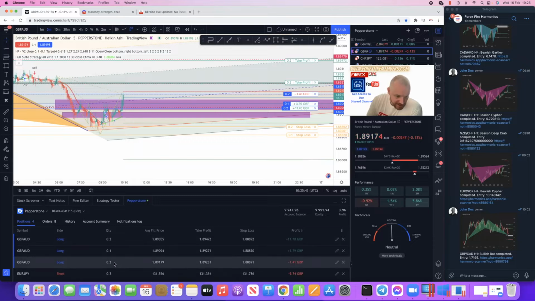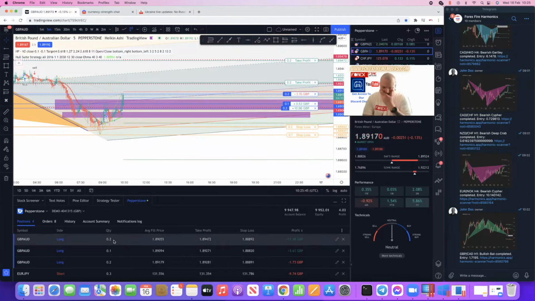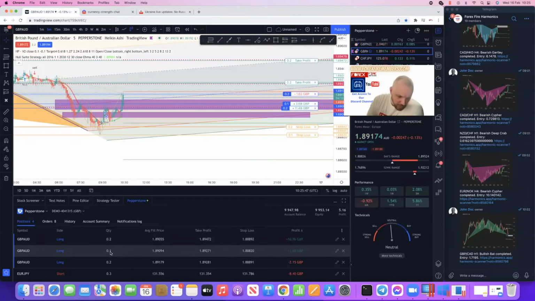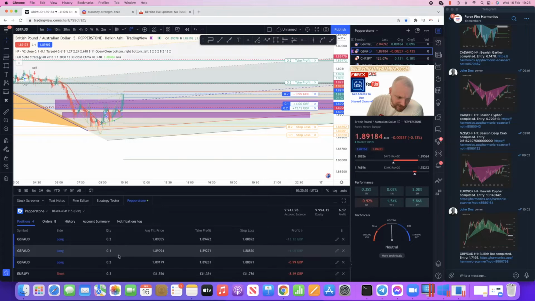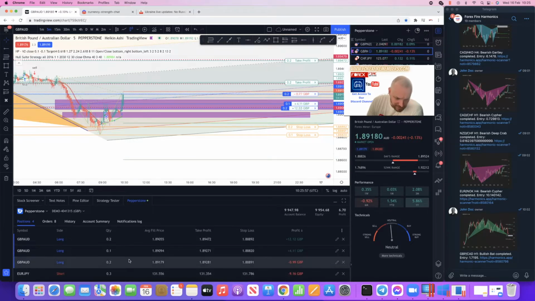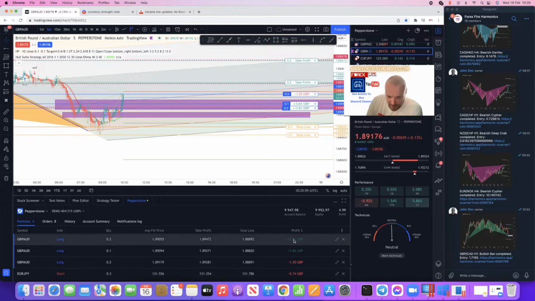You can see here the 2, and then the 0.1. That's given us the 4, the 5, and then I've had to open up another one of a 0.3. We're starting to pull back based upon the buy situation. We've got three positions open where we've come down into deeper territory for discount.